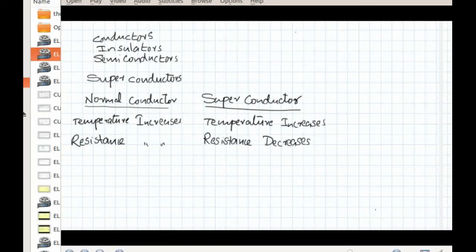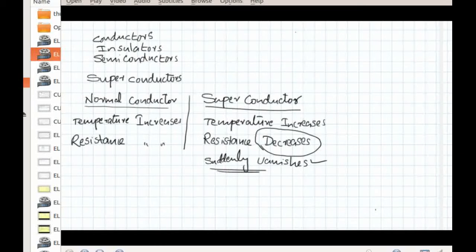But for a superconductor, when the temperature increases, resistance will suddenly vanish. It is not proper to say it is decreasing, but it will simply vanish, right? It will suddenly vanish. So for a superconductor, the resistance will suddenly vanish.